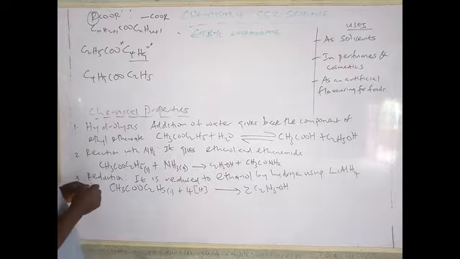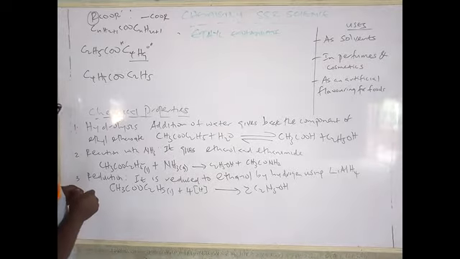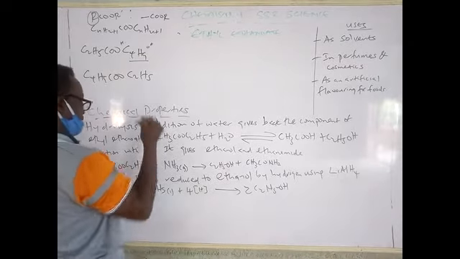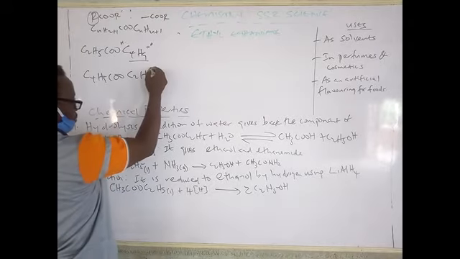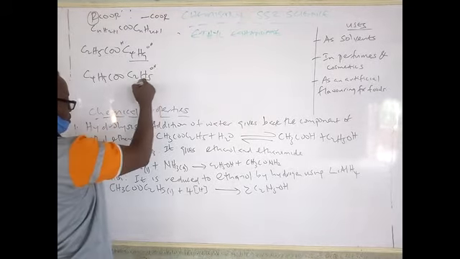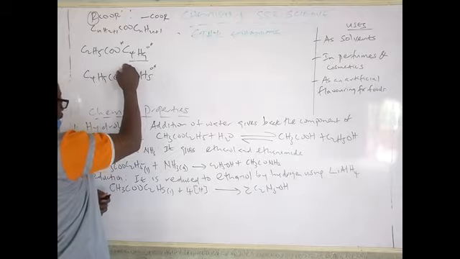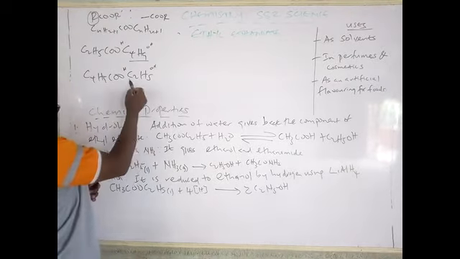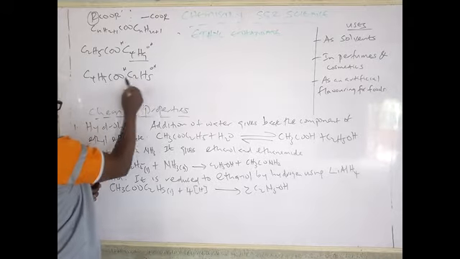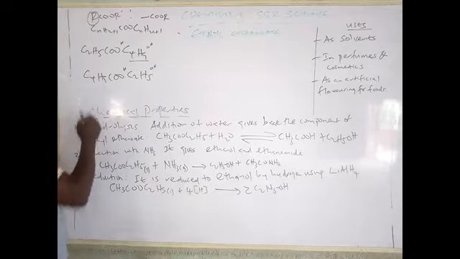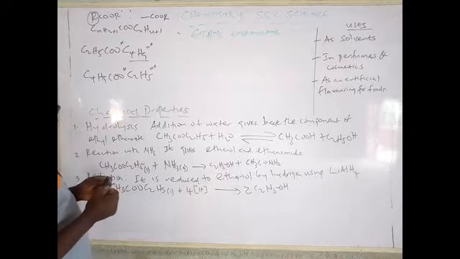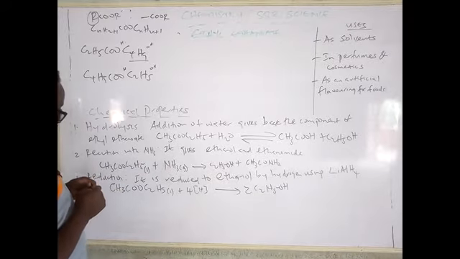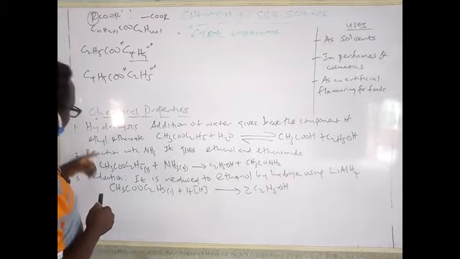So what are the component elements of ethyl pentanoate? If you remember, the OH is always removed from the ethanol, and you have the H. Remember, water will be removed. So the component elements will be ethanol and pentanoic acid. In a nutshell, ethanol and pentanoic acid. So that's that about that.